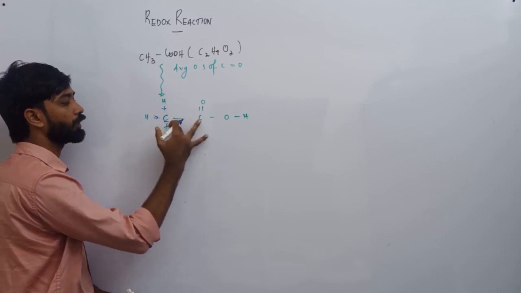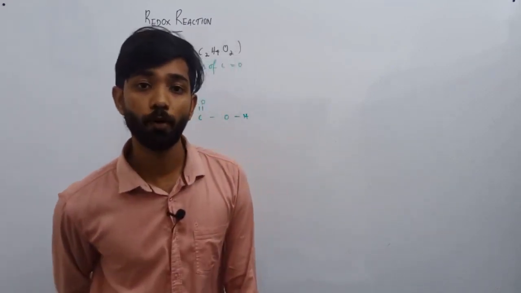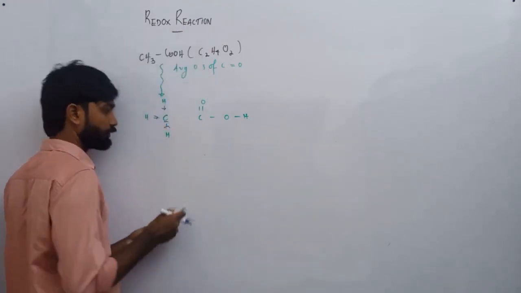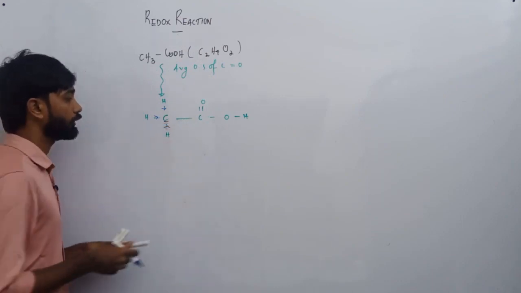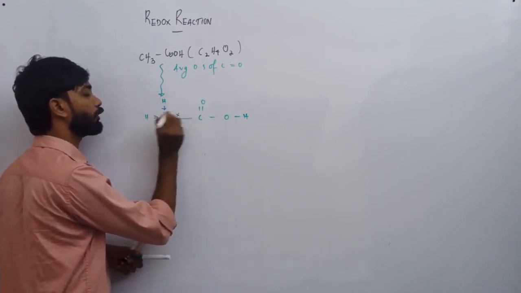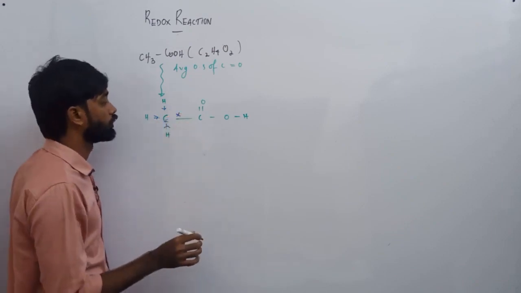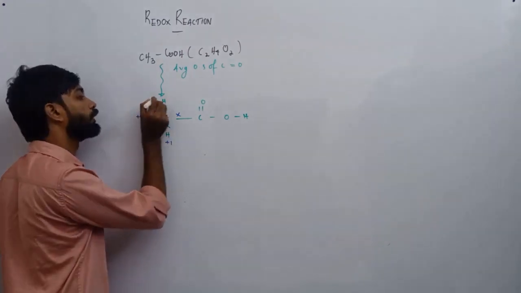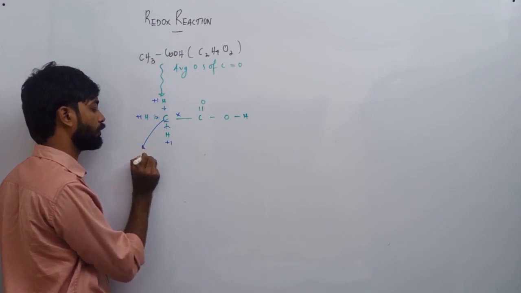Here the carbon is surrounded by the very same carbon, so there is no problem. There is no polarization here. Is it okay? Yeah. So no polarization, this bond has no issue. So +1, +1, so this carbon has to supply -3.